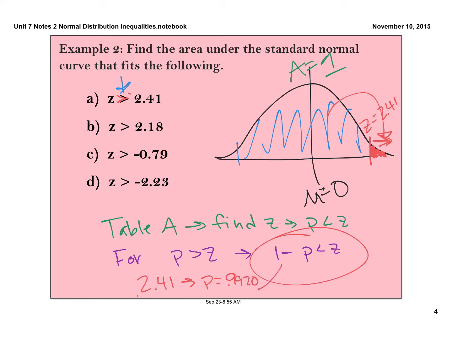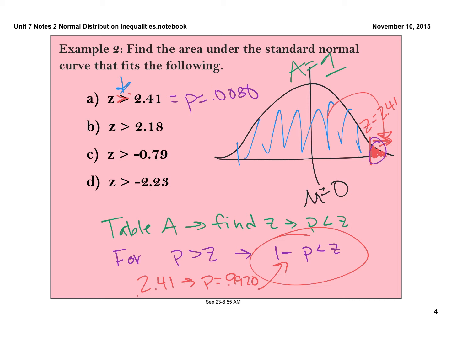So then I need to take 1 minus that answer to get the probability I want. 1 minus 0.9920. If you don't have your calculator out, you're going to probably want that. I get 0.0080. So the probability you have there is 0.0080. And it makes sense in our picture. This is a really small region of data. It would make sense that it's about 1%. It's a really, really small piece.